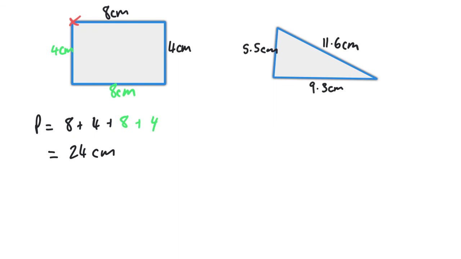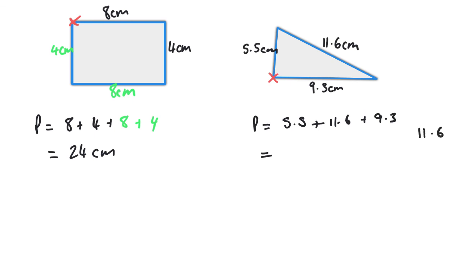For the second one then, again we'll put an X at where we're going to start. And I always like to go around in a clockwise direction. So P is going to be 5.5 plus 11.6 plus 9.3. And to work that out, we could do a sum.